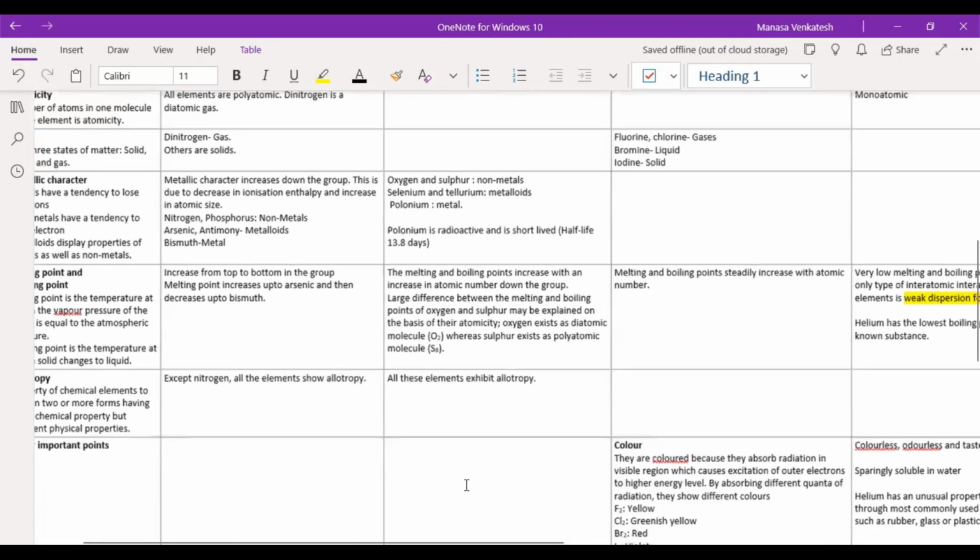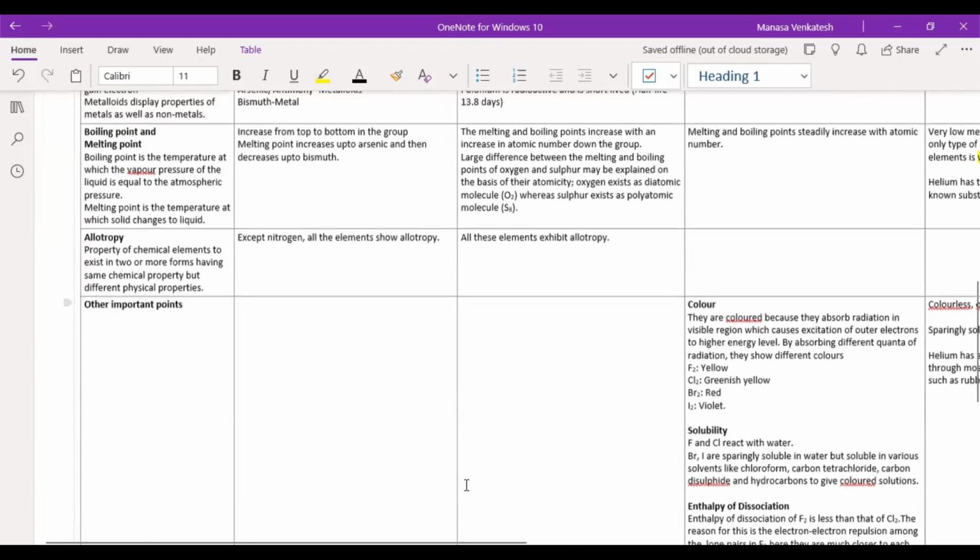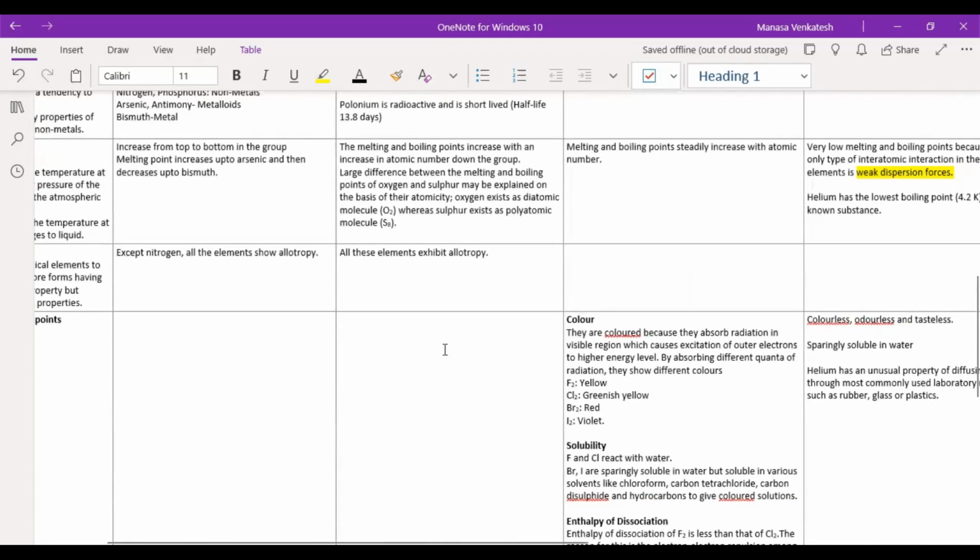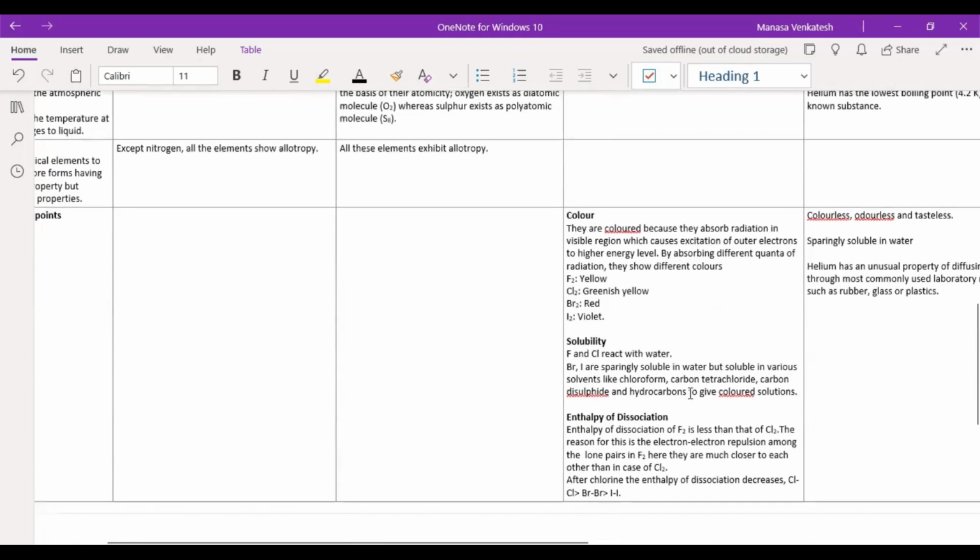Now here we have certain points which couldn't be included in any of these, so I just put them in a separate part of the table. First of all, color. Halogens are actually colored, and this is because they tend to absorb radiation in the visible region. When they absorb the radiation, the electrons jump up to a higher level.